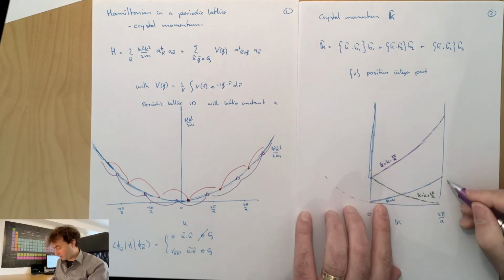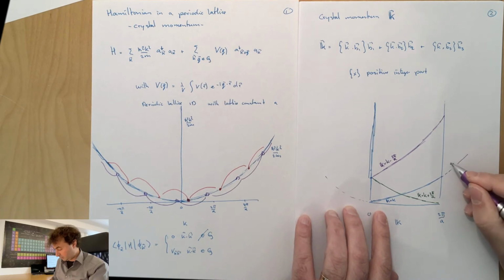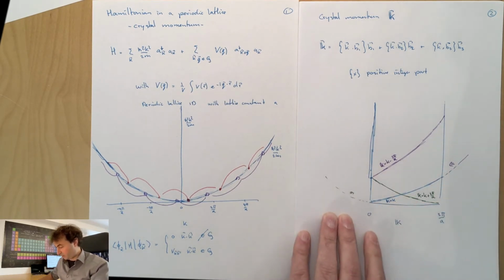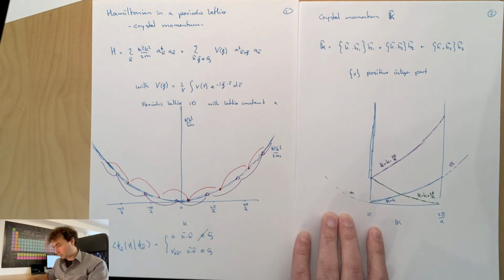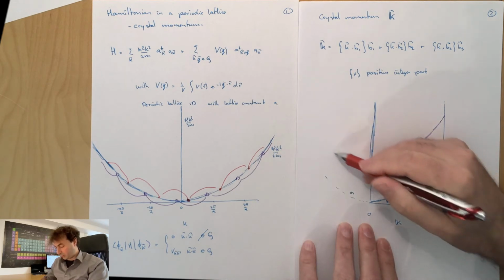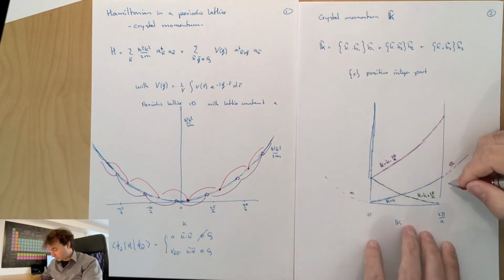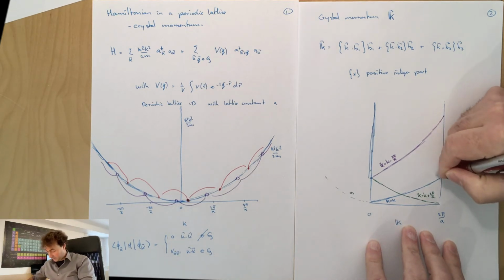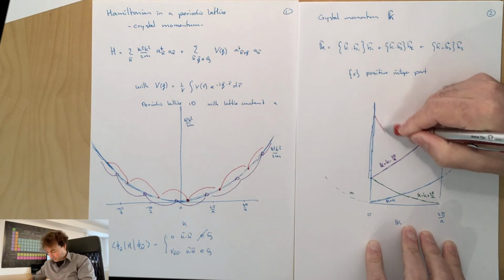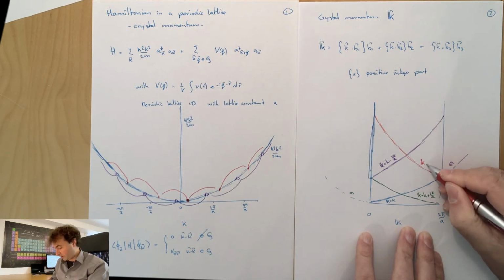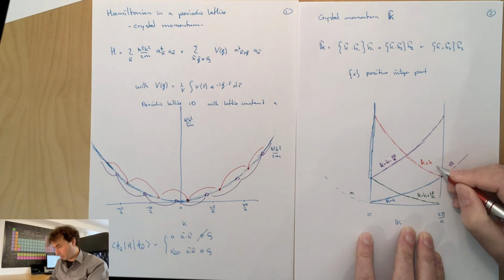And this comes from the bands that we would have had over there that are shifted. Well, I can in principle go here and then even to the next zone, which would give me a band that is here, which is given by the crystal momentum being the full momentum plus 4 pi over a.